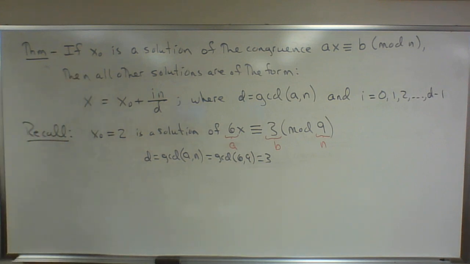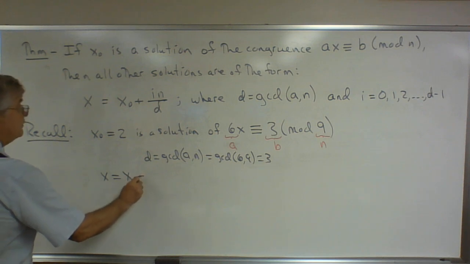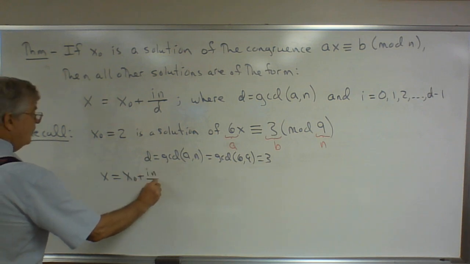And all other solutions are of this form: x naught plus i n over d.